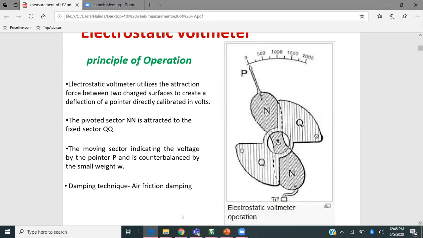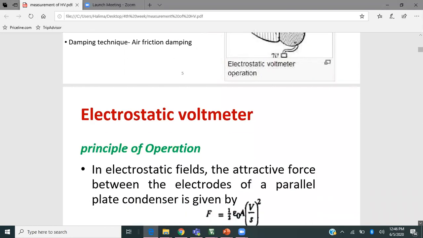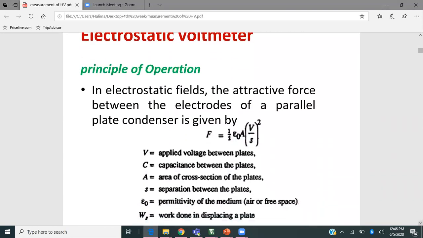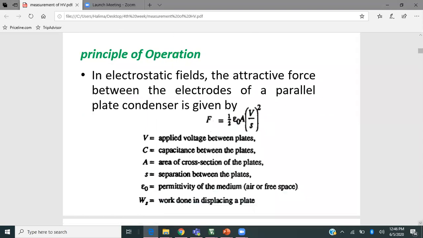The question that should be raised in your mind is how much attractive force there will be between the electrodes of a parallel plate condenser. It is given by the formula F equals half epsilon naught A, V over S, whole squared.